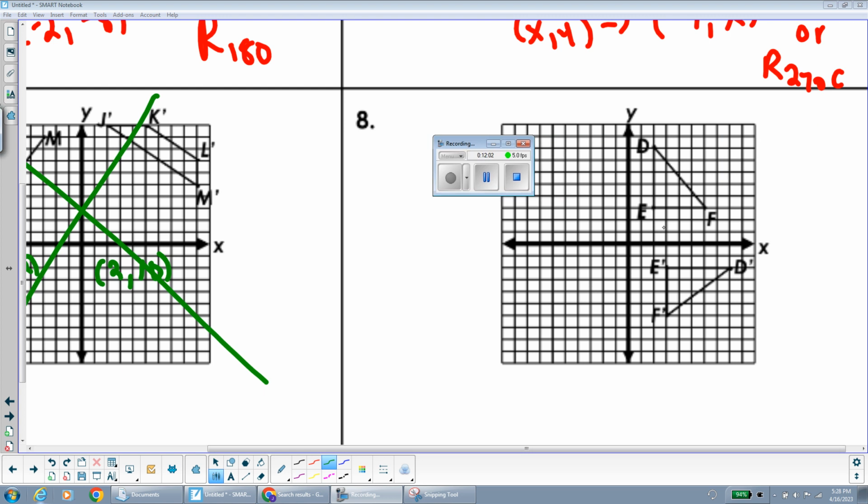Let's take a look at point E. 1, 2, 1, 2, 3. 1, 2, 3, -2. So let's take a look at what happened here. The order switched and the original x coordinate switched signs.